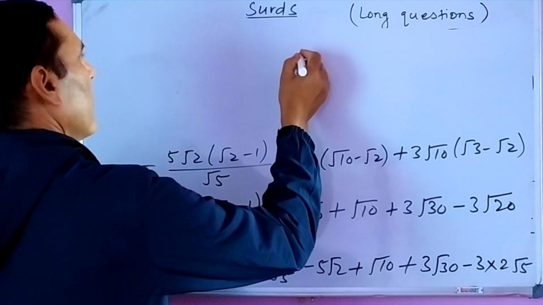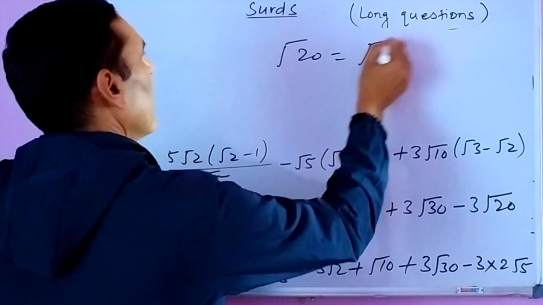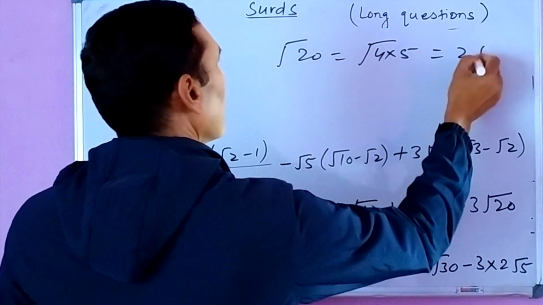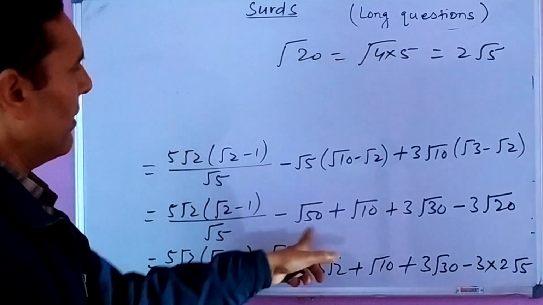Because you know that under 20 it is 4 into 5, so it is 2√5. Similarly 50 is 25 into 2.